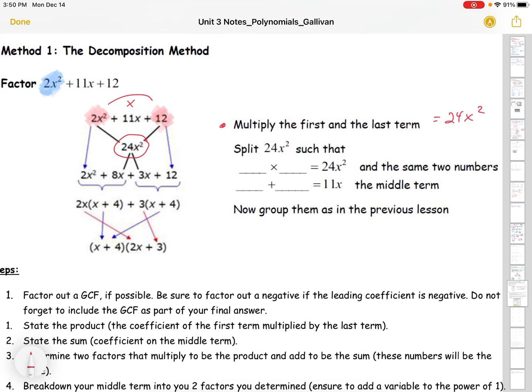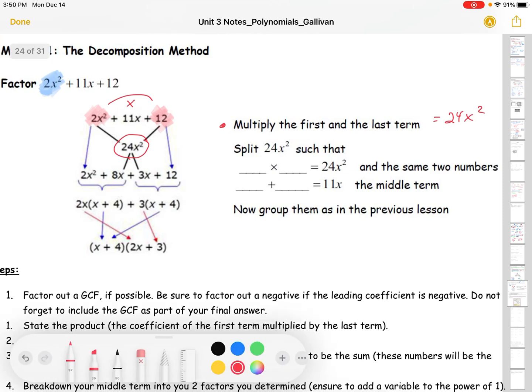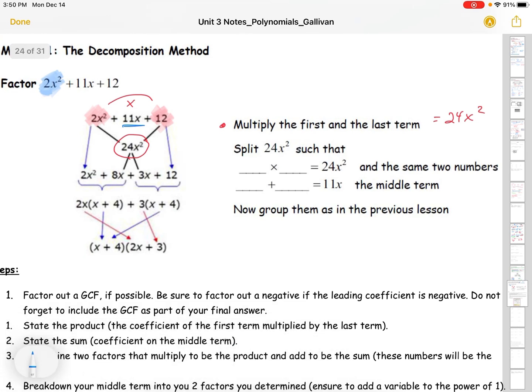And then just like we did with simple trinomials, we look at that new term, 24x squared, and we find factors of that that add up to the middle term.